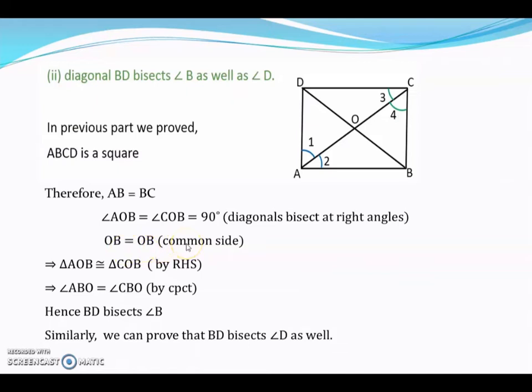And OB is equal to OB, that is the common side. So we can say that these two triangles AOB and COB are congruent by RHS. So angle ABO and angle CBO are equal by CPCT, which means that BD bisects angle B.